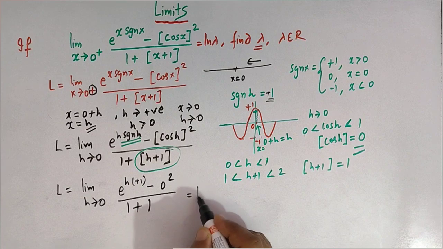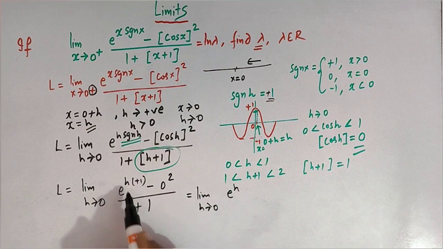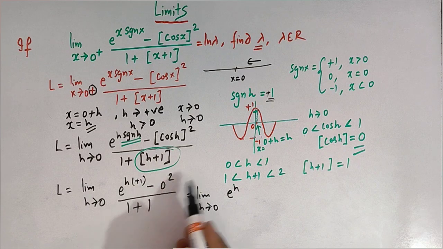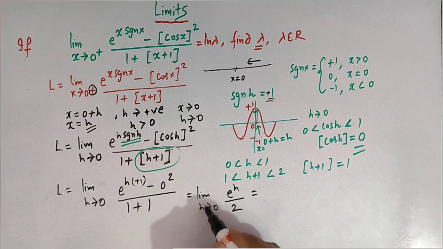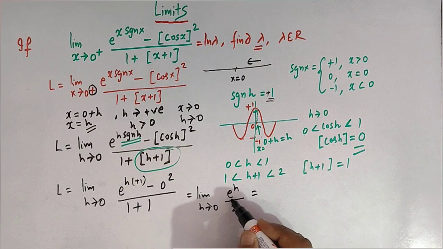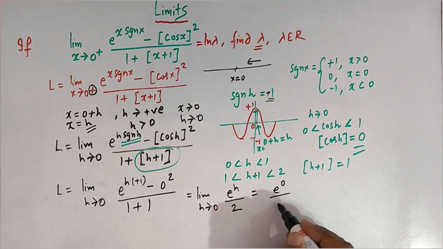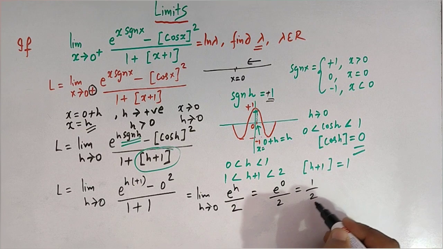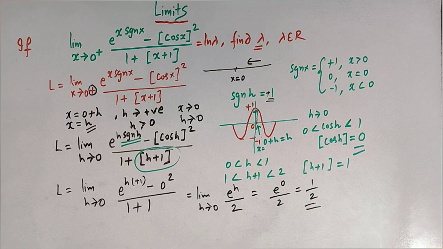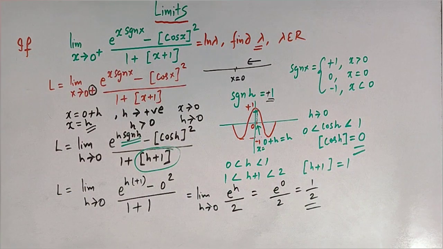So now we have limit h tends to 0, and we have e raised to h, and here 0 square is 0, and here we have 2, right? Now when h tends to 0, then the limit of e raised to h is e raised to 0, and it is divided by 2, and e raised to 0 is 1, so this is 1 over 2, right? So the value of this limit is equal to half, right?